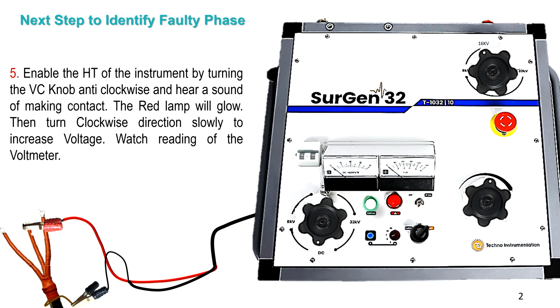Enable the instrument by turning the variac knob in anti-clockwise direction, and hear a sound of making contact. The red lamp will glow. Then turn clockwise direction slowly to increase voltage. Watch the reading of the voltmeter.